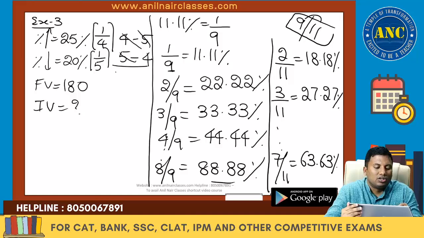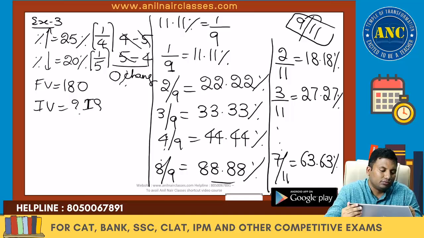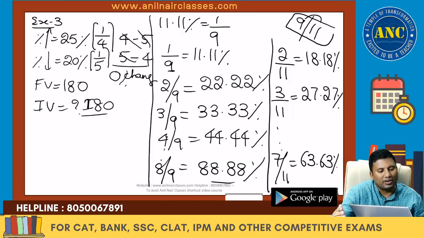All cancel. Zero percent change. So the initial value is also 180.